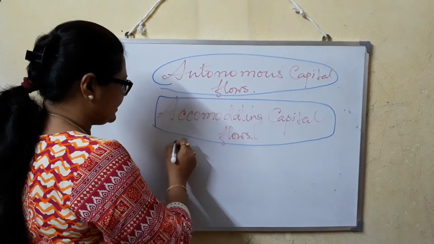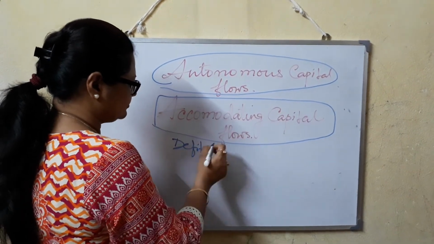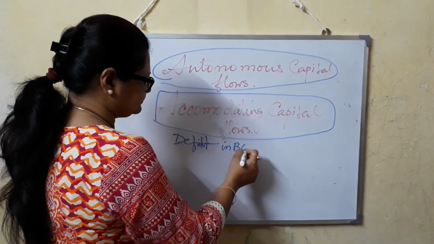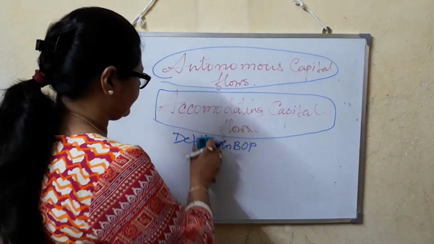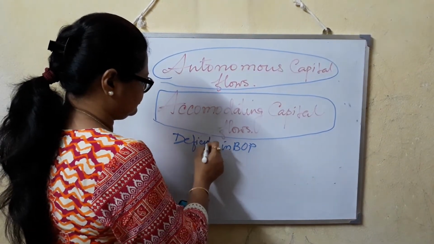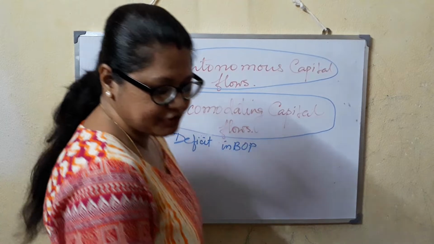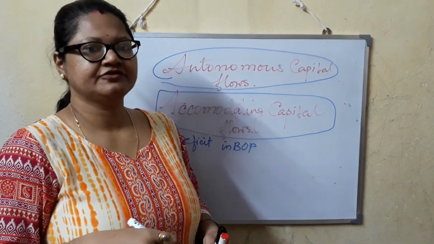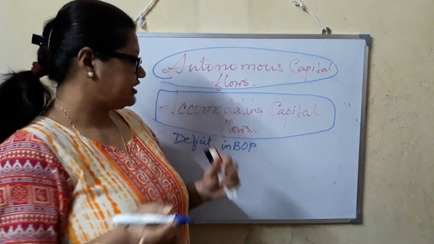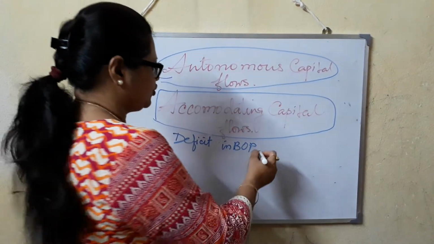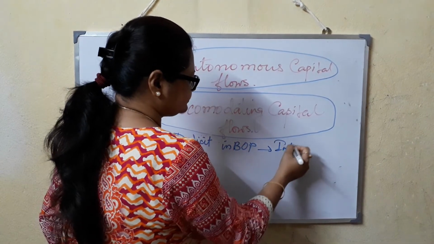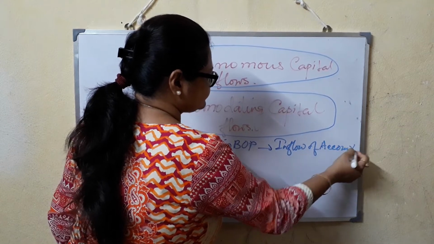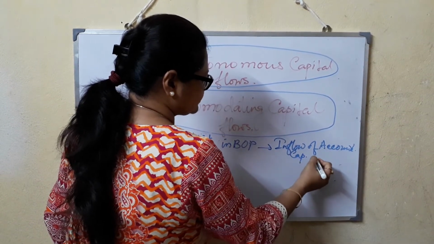If there is a deficit in BOP, deficit means we have less amount of receipts than payments, so it has to be adjusted with an inflow of accommodating capital flows.